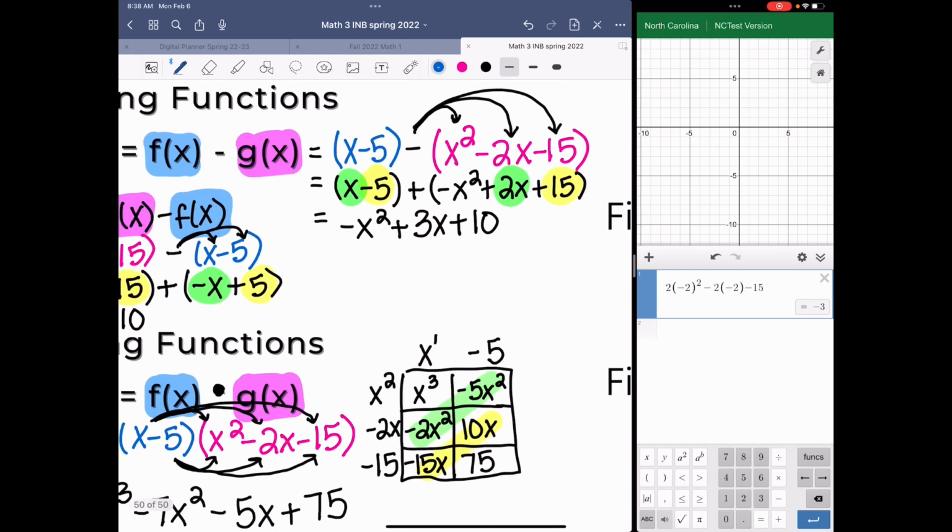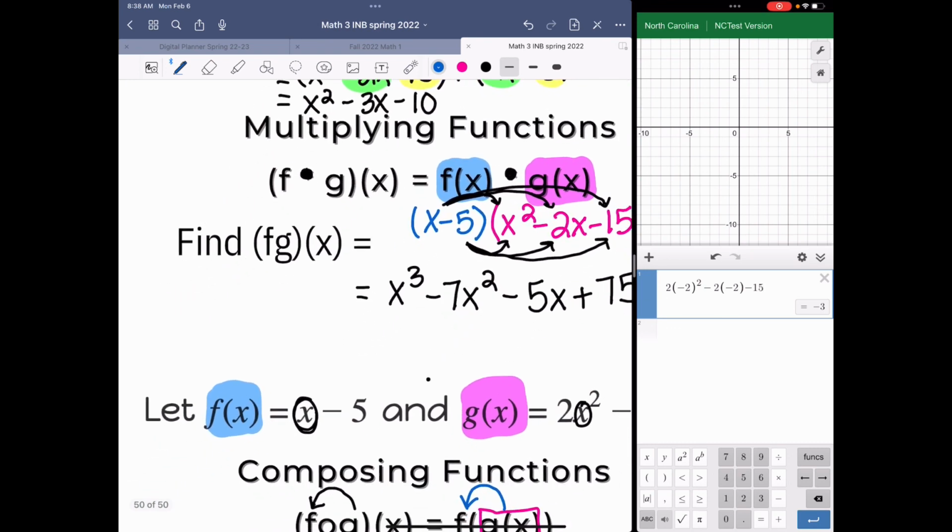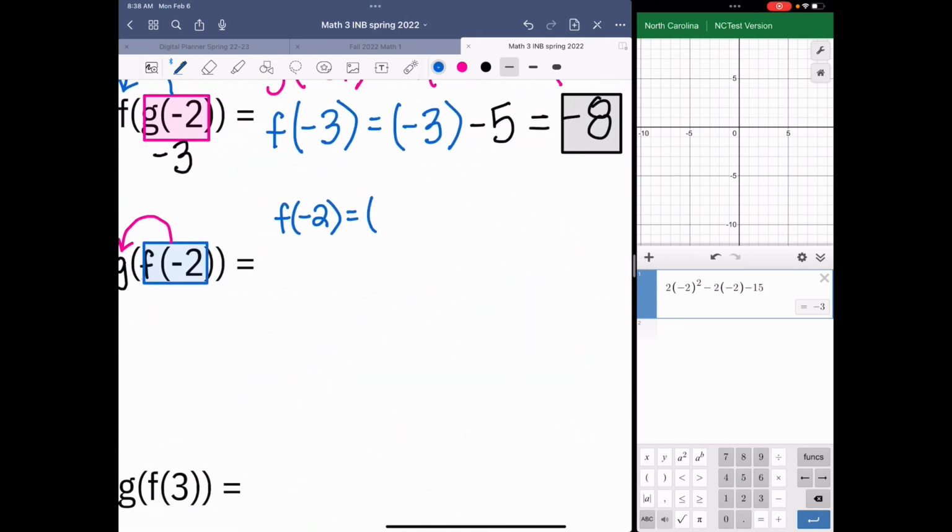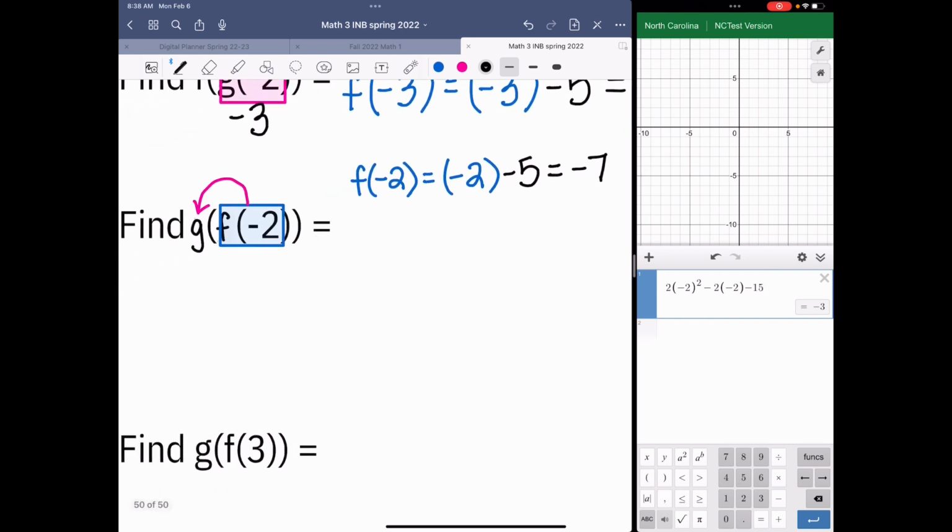Remember, the f function was x minus 5. So we're going to do -2 minus 5, and we get out -7. Now we're going to take -7 and plug that into the g function. So we're going to find g of -7. If you remember, it was 2x squared.